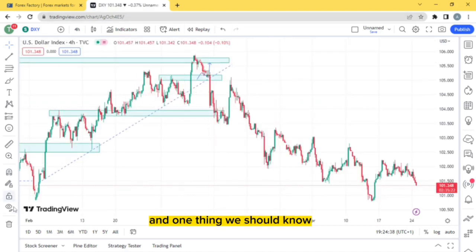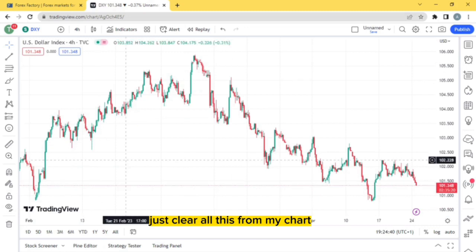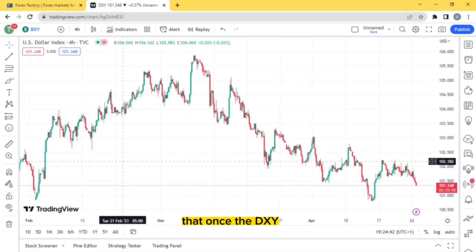Let me just clear all this from my chart. We should know that once the DXY is trending to the downside, we would automatically see EURUSD trending to the upside. And if DXY is trending to the upside, we'll automatically see EURUSD trending to the downside. So these two are inversely correlated to each other.